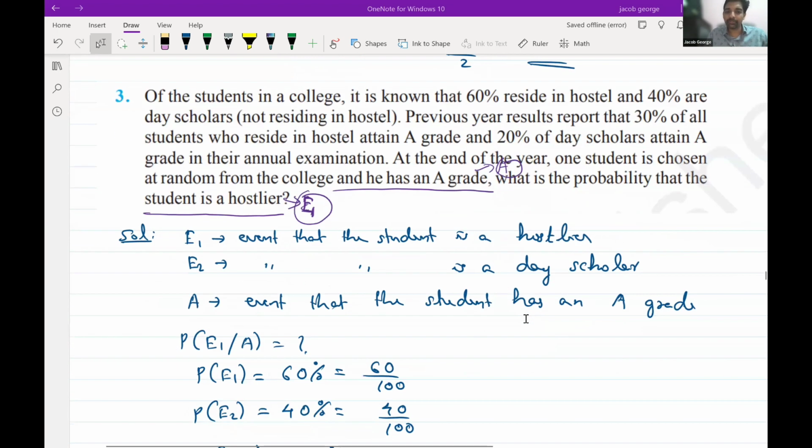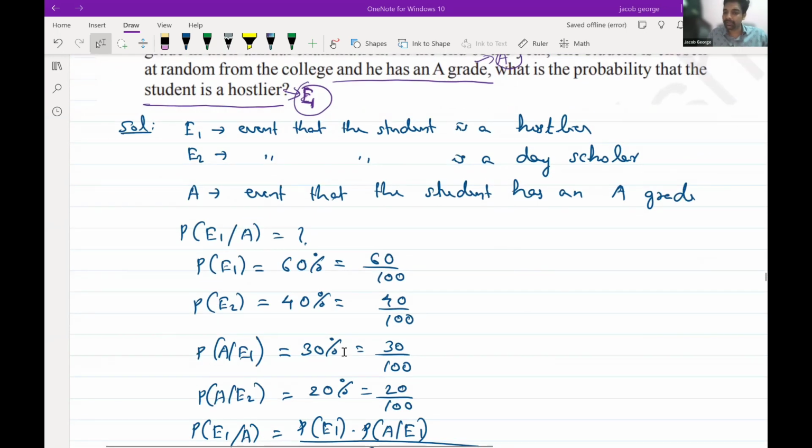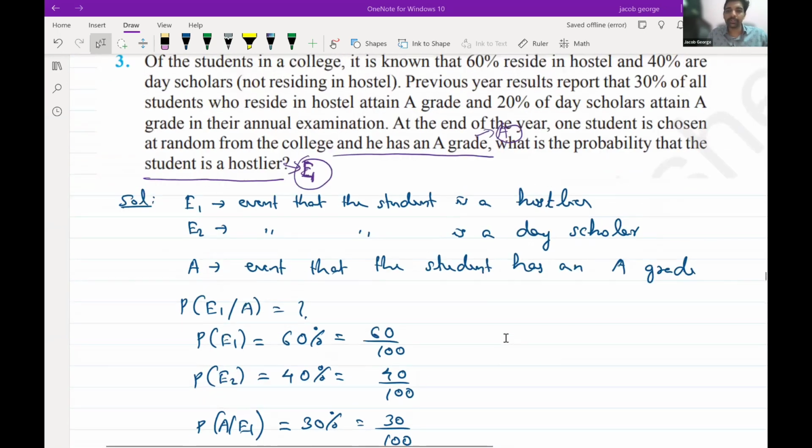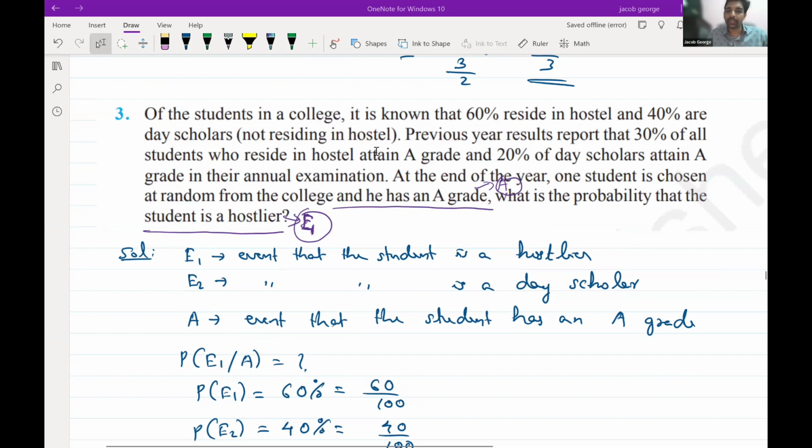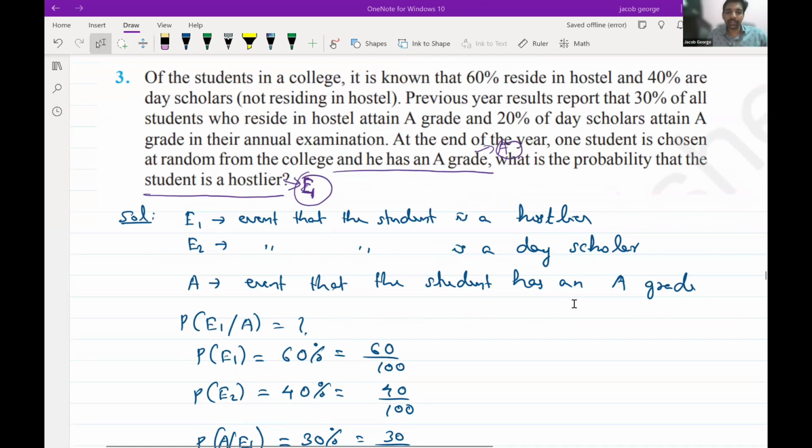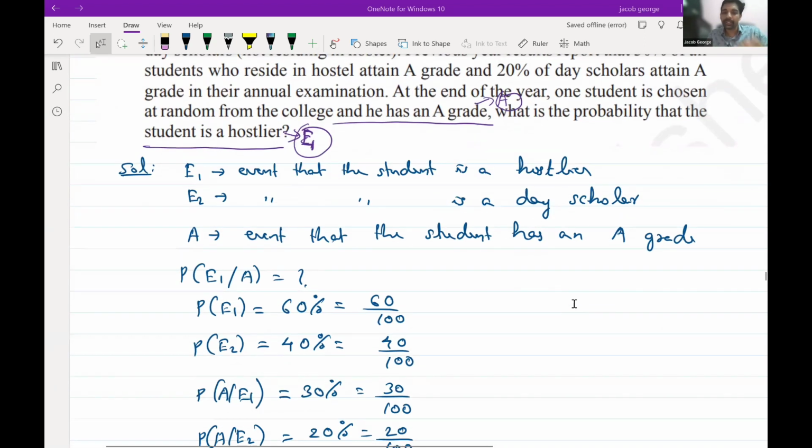So here actually we are finding A given E1. A given E1 is how much? How many students in hostel attain A grade? 30%. 30% means 30 by 100. In case study, they will make this as the first subdivision. Actually, here we are writing A given E1 and A given E2. That they will make as the first subdivision. It is very simple. P of A given E1.